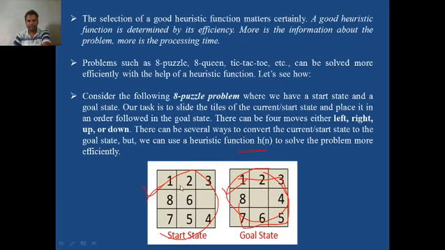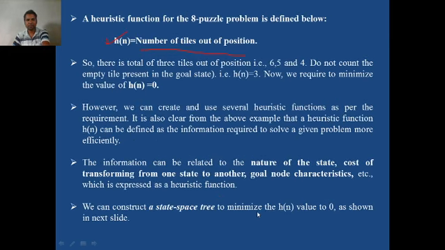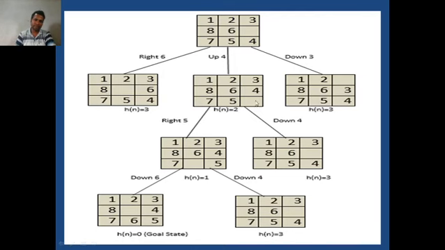With h of n as the number of tiles out of position, in the initial state we find that tiles 4, 5 and 6 are out of order. Otherwise 8 is at its place, 1, 2, 3 are at correct positions, and 7 is at the correct position. That means h of n in our case for iteration 1 is 3. We stated in the previous video that the blank tile can move up, left, right and down.